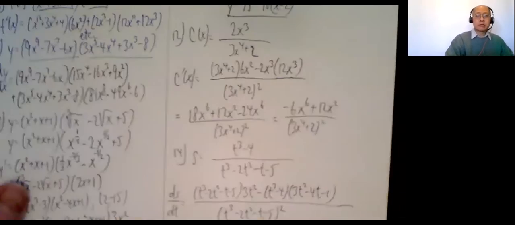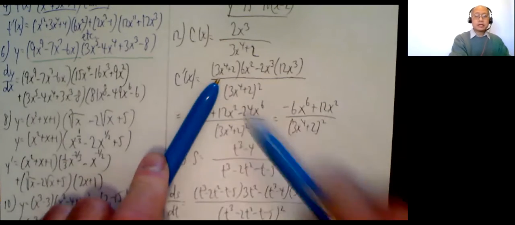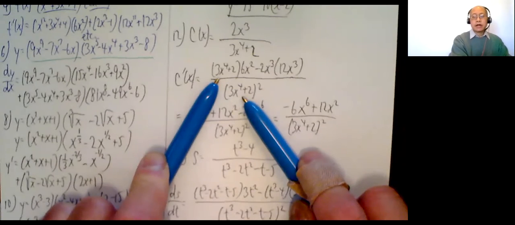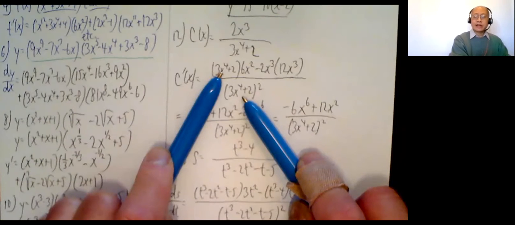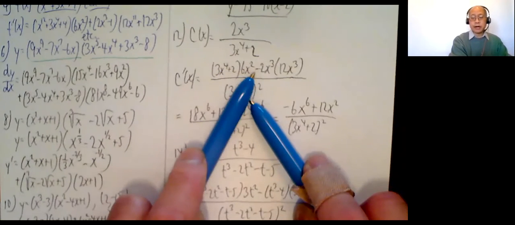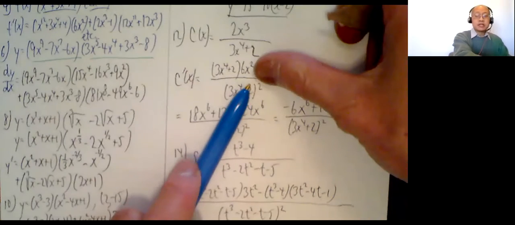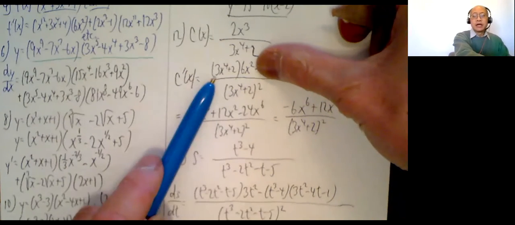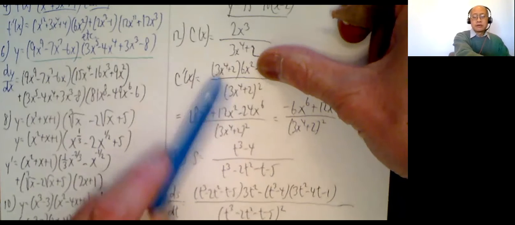Now, this is what I was talking about earlier. You look at this and look at this, right? And you might say, hey, can I cancel these out? The answer is no, because you're subtracting. You don't cancel across a subtraction symbol. Now, if this thing weren't there, if it was just like this and you're not adding or subtracting anything, then yes, you can cancel one of these with one of these.